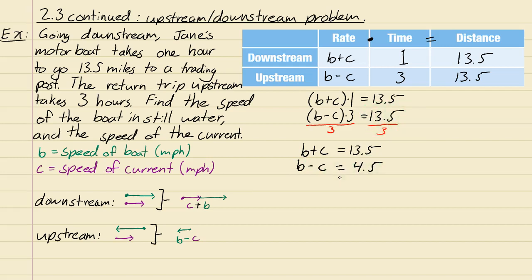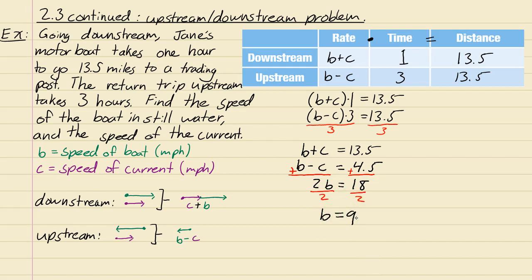And I set it up like this so that we could see that we can just add up the left sides of the two equations, add up the right sides, the plus c and minus c will cancel out, and we'll just get 2b equals 13.5 plus 4.5 is 18, and then we can divide both sides of that by 2 to get b equals 9.